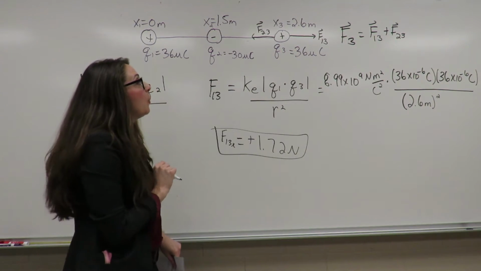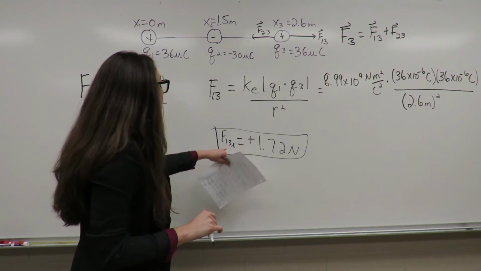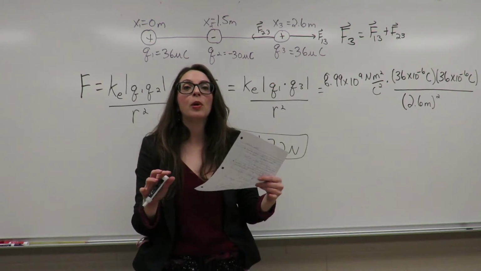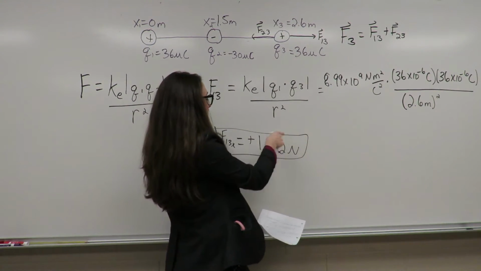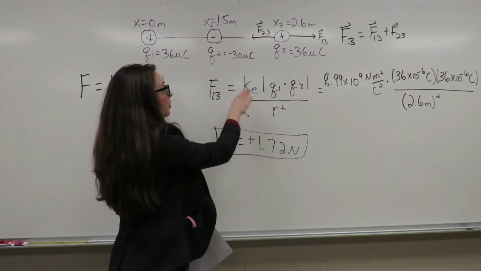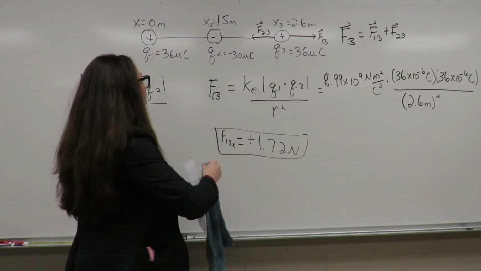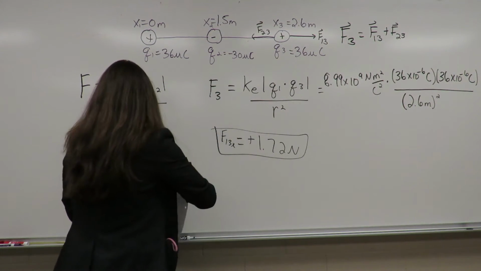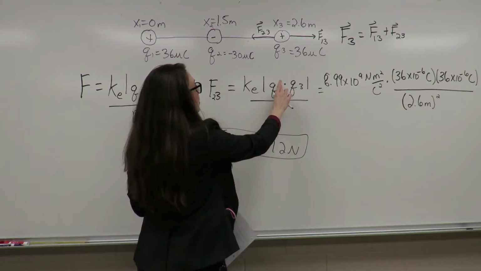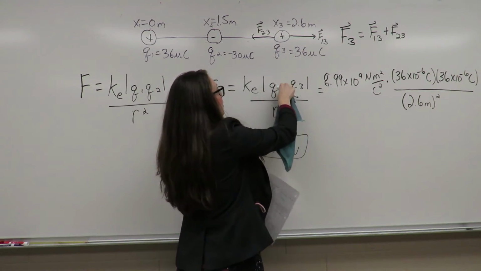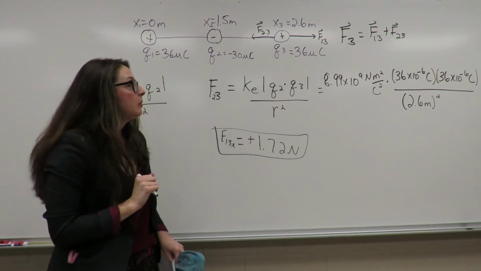Now we're going to do the same thing for F23, the force that charge 2 exerts on charge 3. I'm going to leave F13x boxed down here. I'm going to repurpose what I just wrote up here and erase the 1, because now we're looking at force 2,3, and that's going to equal our charge Q2 times Q3 all over the distance between them squared.